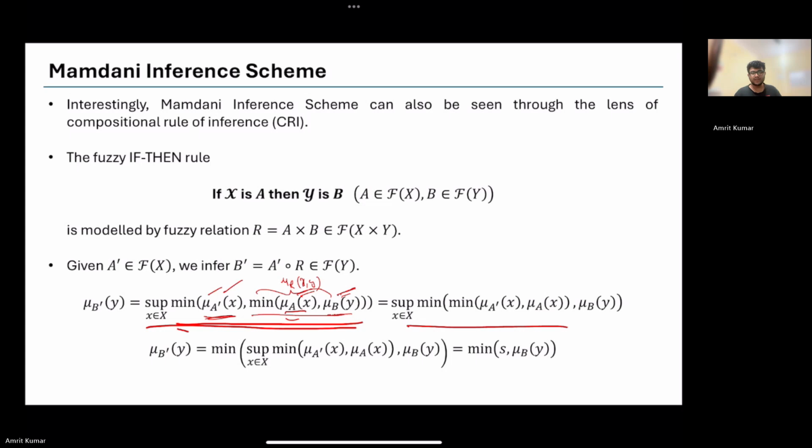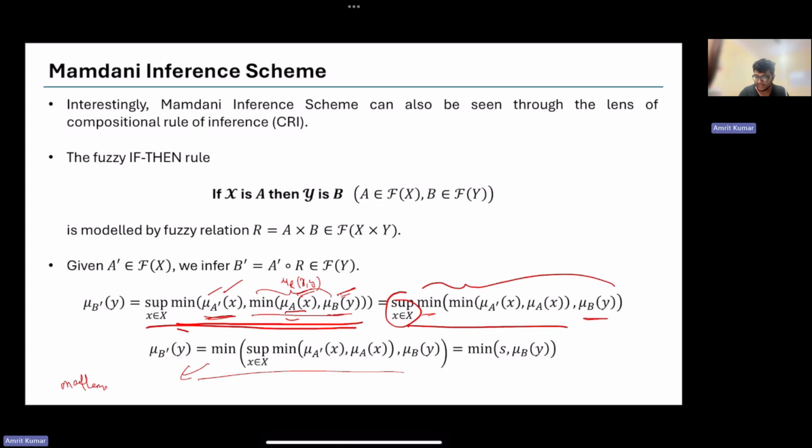Okay. Now we are taking the supremum of this quantity as x varies over universe capital X. And this value, the second value in our outer minimum, depends only on y. So it seems reasonable to send this supremum, which is lying outside this bigger outer minimum operation, inside, right? And it turns out that you can actually do that. This is mathematically justified.